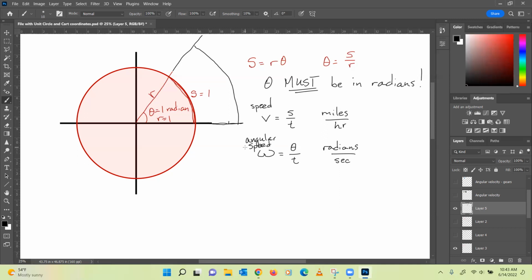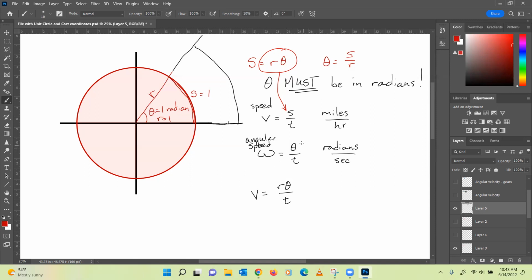And so now we can find a relationship between these two. Notice that s equals r theta. So maybe I can replace the s here with r theta. That makes sense. So v equals r theta over t.